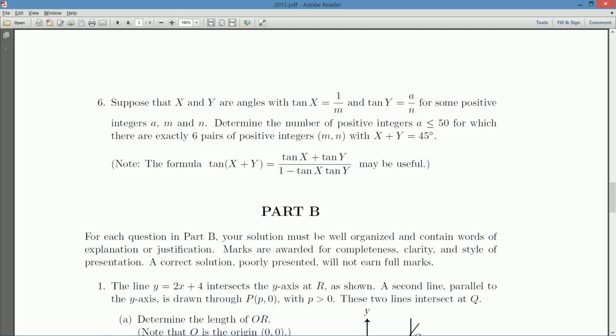So, there's not a whole lot that is apparent for this question. First thing I'm seeing is x plus y is 45 degrees, and they give us a tan formula. They actually say tan of x plus y in the question. I'm betting we're going to have to plug in 45 degrees in there. Fortunately, 45 degrees is a nice simple angle.